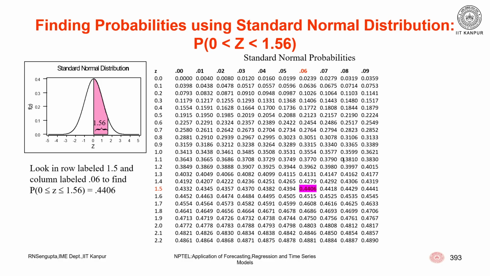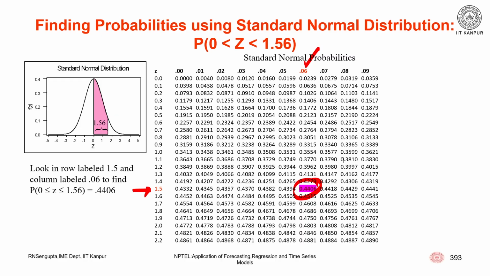In the table you basically have the standard normal probabilities. In the leftmost column we have the z values, the topmost row has the second decimal of z values, and the inside values are the corresponding CDF values. For example, as shown in this diagram, for a value of 1.56 the total area is 0.4406, and this is the hashed pink area.